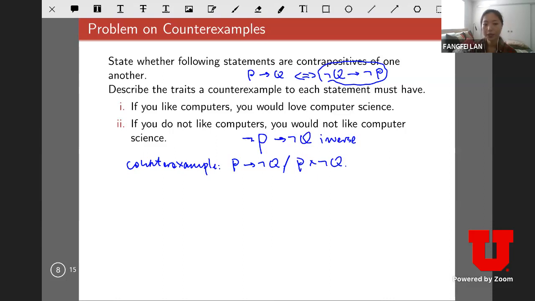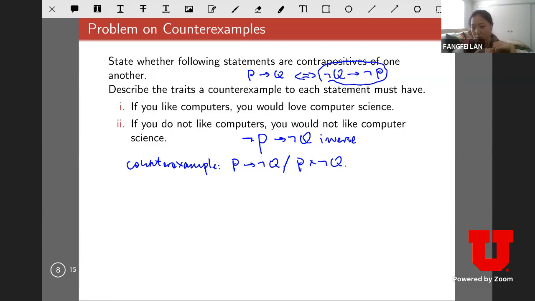So can someone give me a counterexample of one? If you like computers, you would love computer science. What does the counterexample look like? Yes, I see answers in the chat.